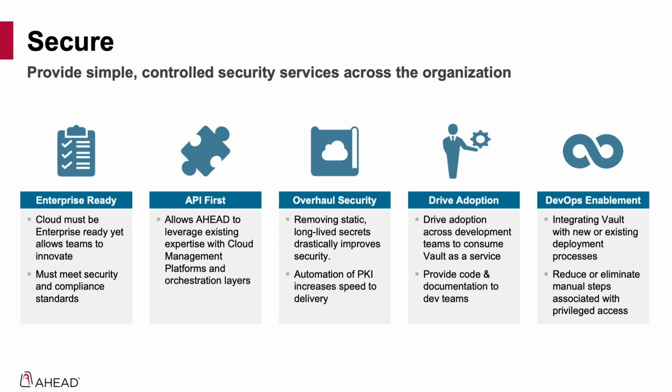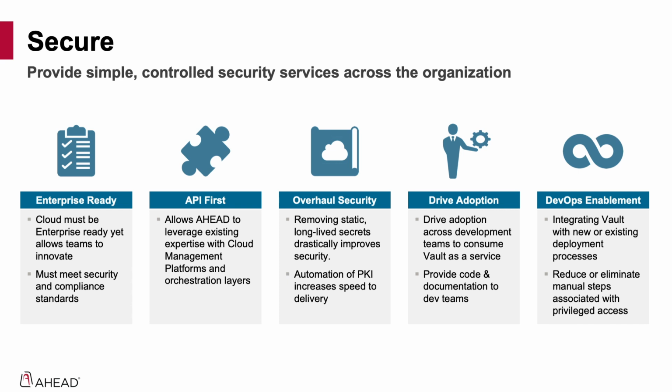Organizations are looking to overhaul security as they move into the public cloud. As I mentioned before, that means removing static long-lived secrets, moving to dynamic secrets, and automation of PKI, which we just talked about. Driving adoption for Vault is something we can help with as well, by integrating with development teams to start consuming Vault as a service.